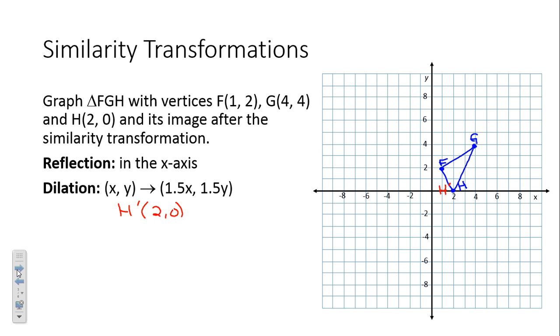It's going down. So Michael, where will F be? It was at 1, 2. Where will it be if we reflect it across the x-axis? 1, -2. Very good. So F prime is at 1, -2.